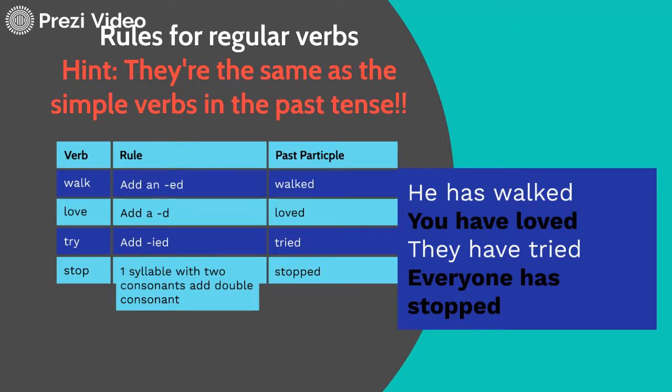So stop turns to stopped with two P's, and that keeps that short O sound. Hopped, for example, has two P's, but if you only had one P, you would pronounce it hoped. So, for example, everyone has stopped. And the same is true with all one-syllable words with a vowel and then a consonant, such as beg or stir.